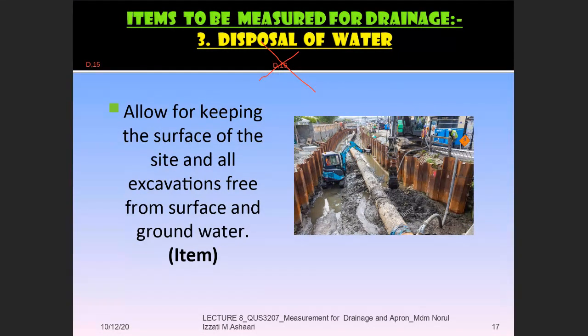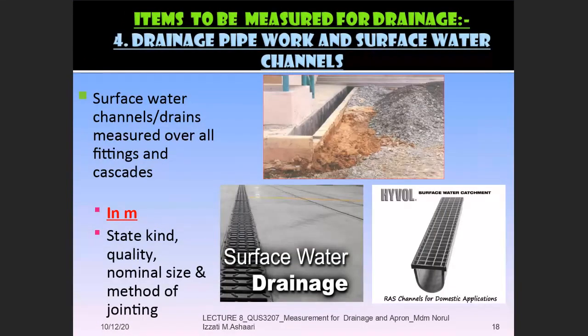So allow for keeping the surface of the site free from surface water only. Groundwater, if you have a very deep trench, then you have to measure 2 items. If not, please measure 1 item only for perimeter drain. Okay, item number 4, this is under V.5.